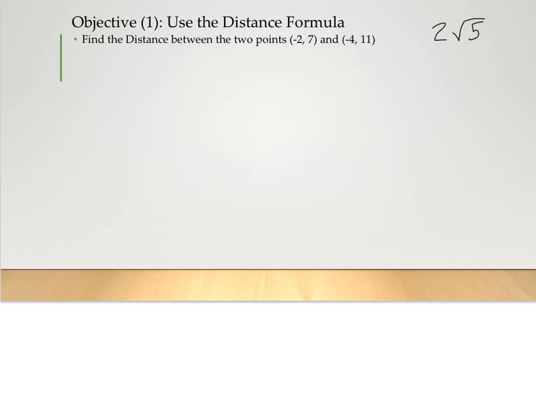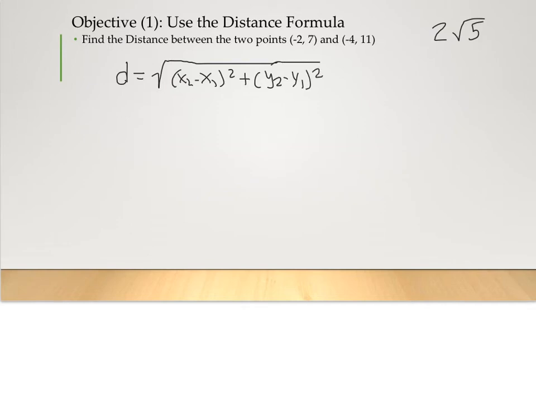So that's what we're going to do, we're going to use the formula this time around. So I write down the formula. In this case, d is equal to the square root of x2 minus x1 squared plus y2 minus y1 squared.